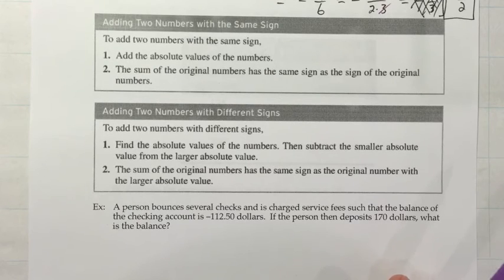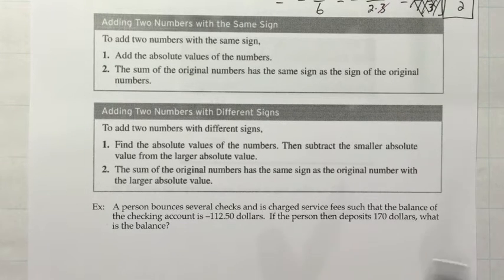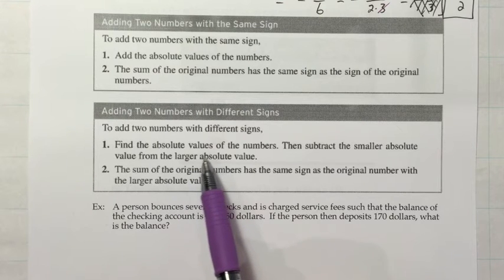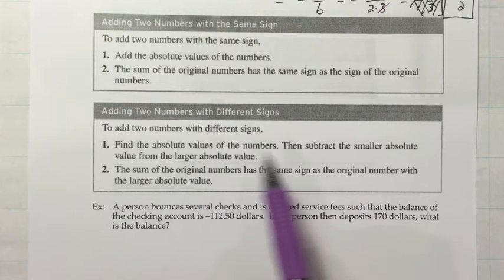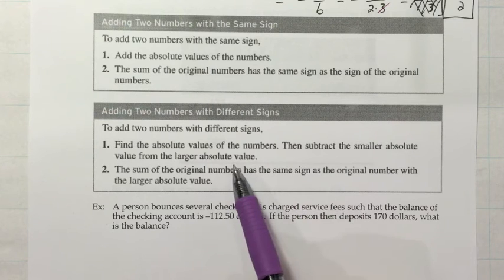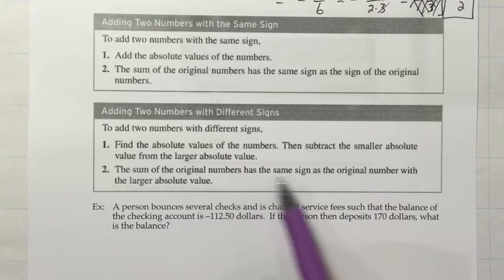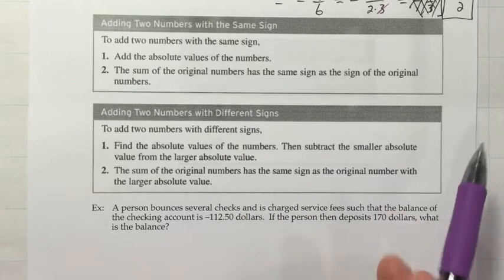If the two numbers that we're adding have different signs, then it's going to be a subtraction instead of addition. Ignore those signs, or think about the absolute value, kind of a similar concept, and subtract the smaller absolute value from the larger one, and then go check to see which number originally was bigger in terms of its absolute value, and our answer will have the same sign as that original number.